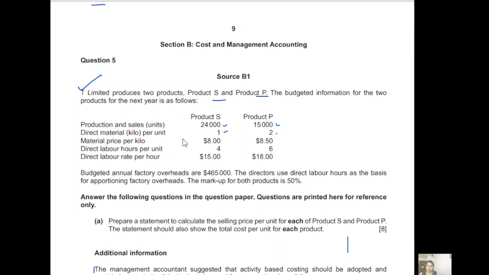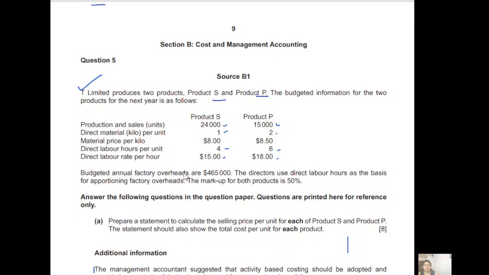Material price per kilo is $8 and here it is $8.5. Then direct labor hour per unit is 4 and here it is 6. Direct labor rate per hour is given to you, which is 15 and here it is 16.